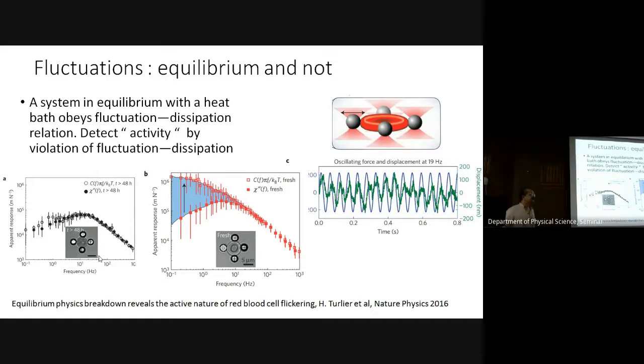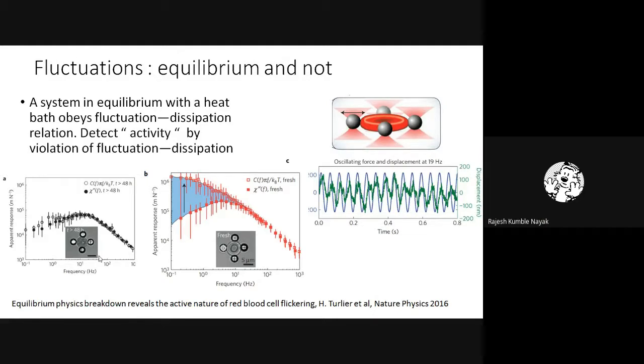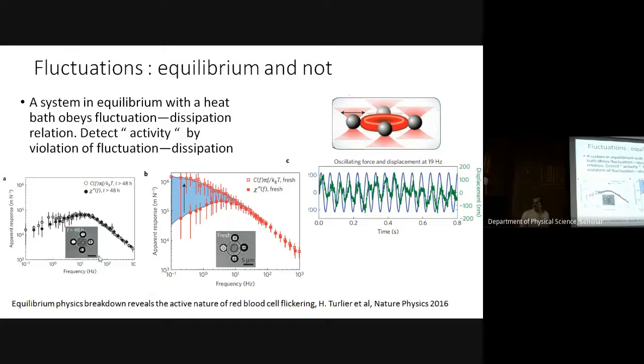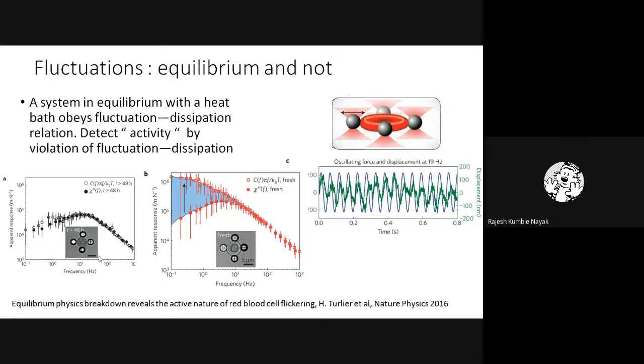I would think that the essential property of non-equilibrium is not energy, but entropy. That's the point I will try to make. So energy itself is not that important for them.